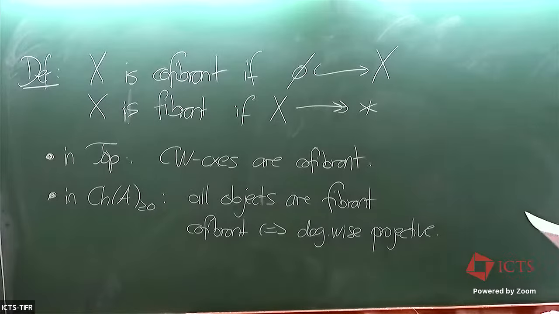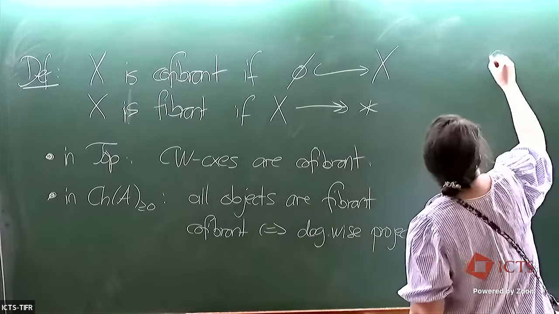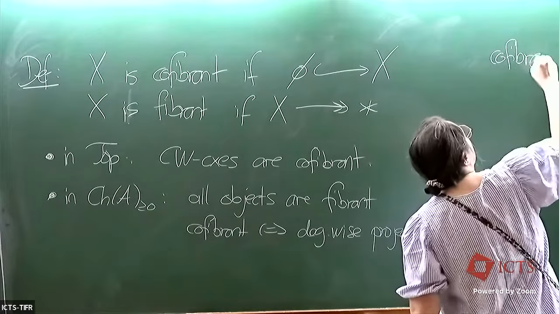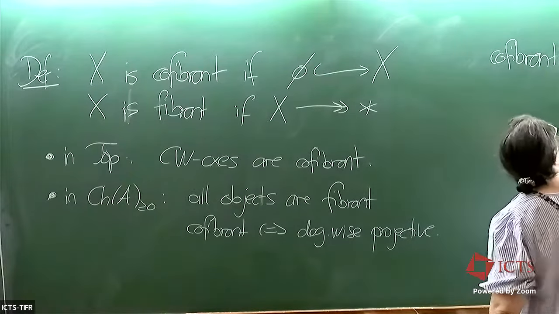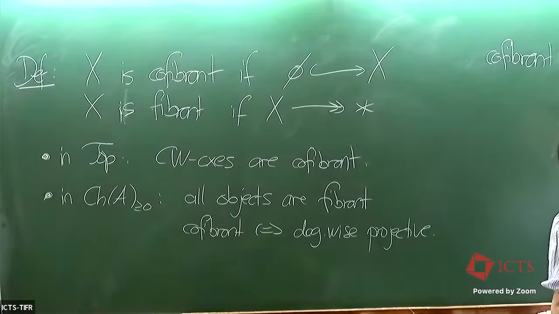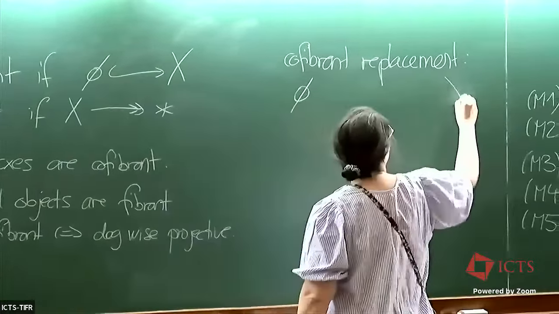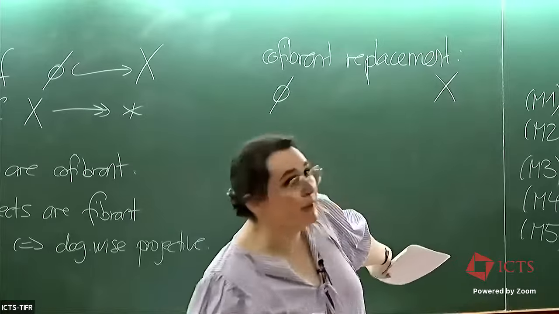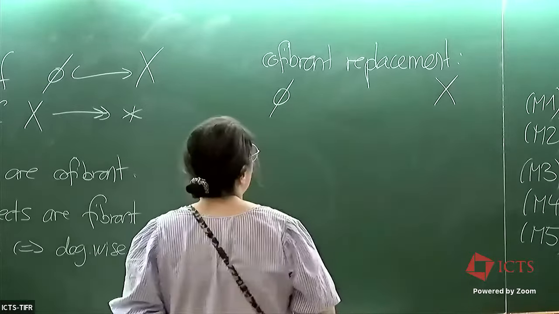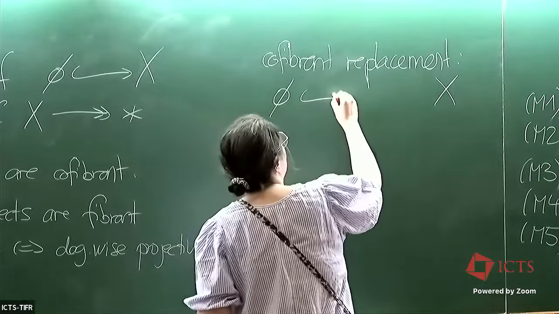So you can form a cofibrant replacement by simply taking this map and throwing the factorization axiom on it. Well, you should do it the right way around.